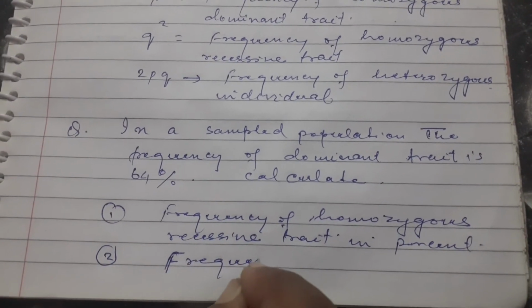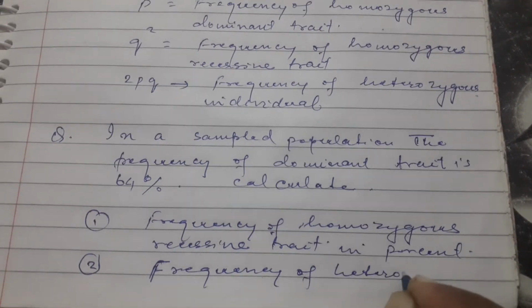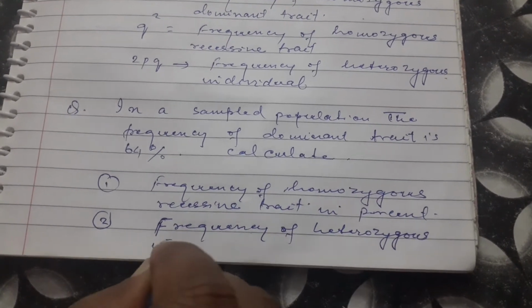Number 2, frequency of heterozygous individual.